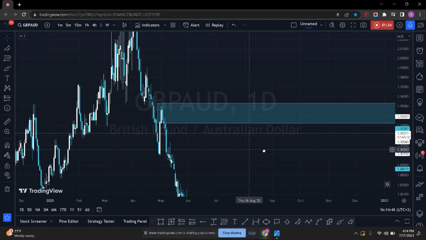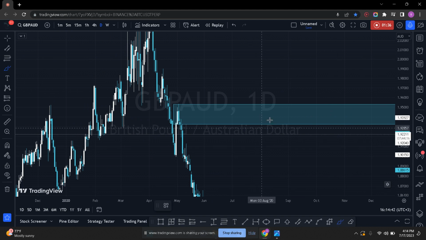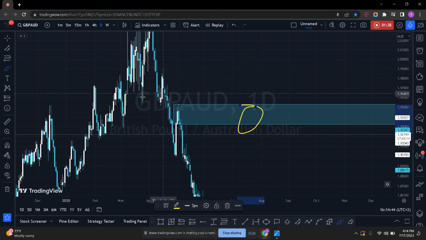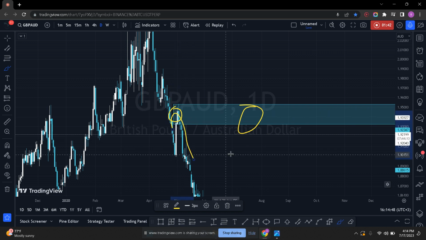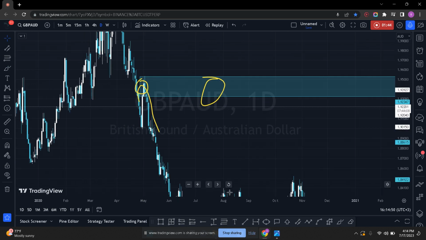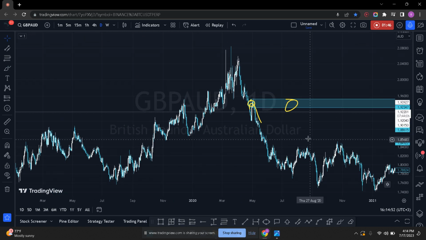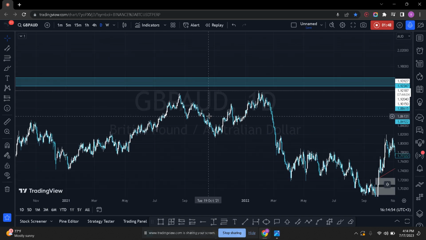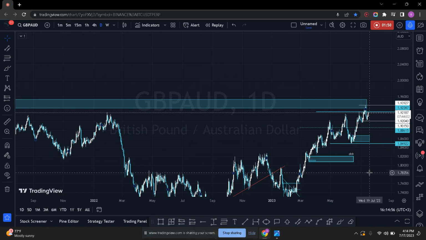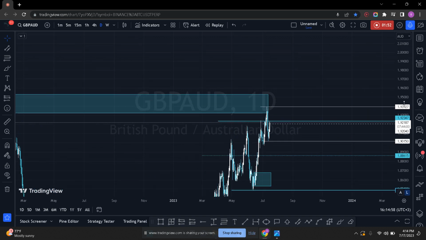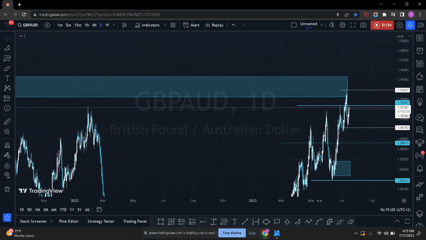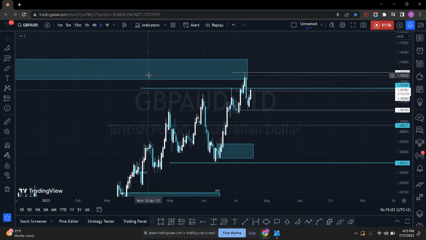So for instance, this particular rectangular zone is as a result of this final buy candle before this sustained downtrend that lasted quite some time. So that is a zone where I'm interested in taking trades depending on how price plays out at that particular point.